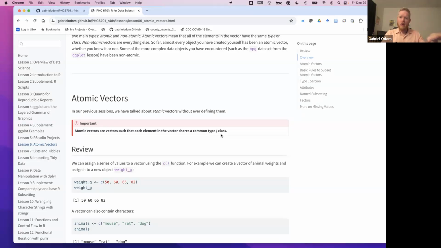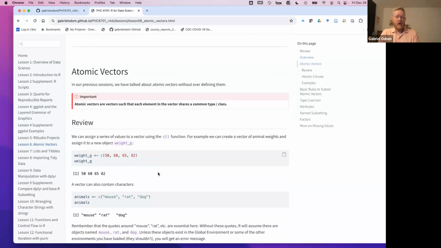I've got articles of clothing, but I also have appliances, travel appliances like a travel hair dryer, a travel blender, or something like that. So that's what we're trying to wrap our heads around right now, this idea of an atomic vector, and that is an ordered set of elements such that the elements all share the same type or class.